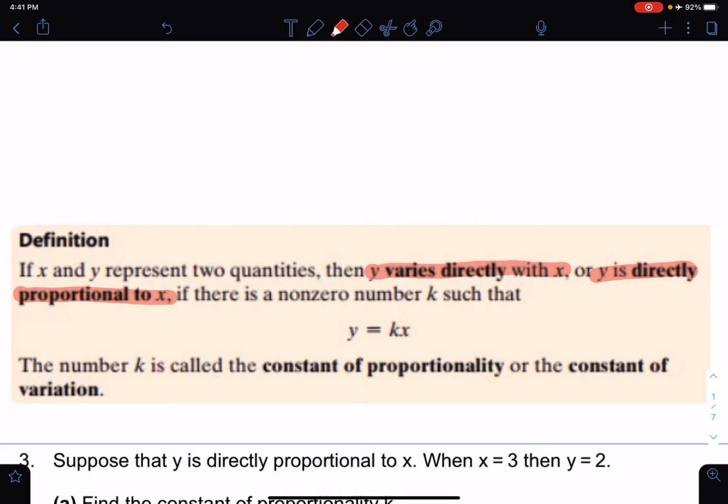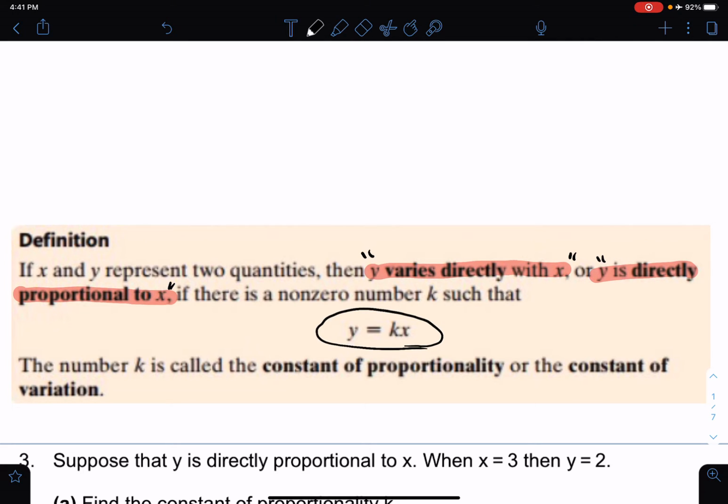So those two catchphrases, I'll put little parentheses around that. You see that language, if there's a non-zero number k such that we will have this equation to work with.